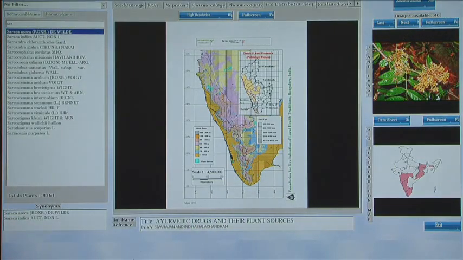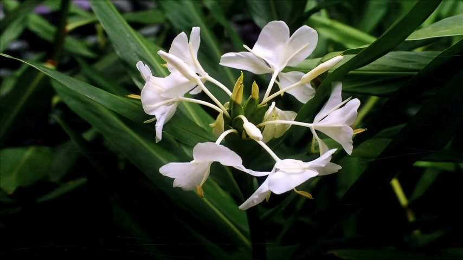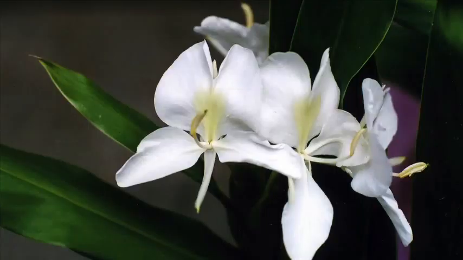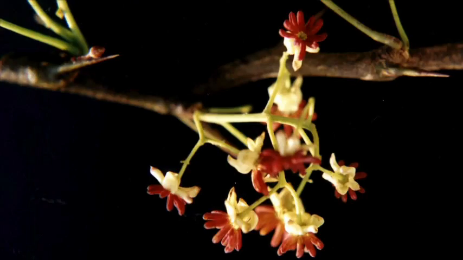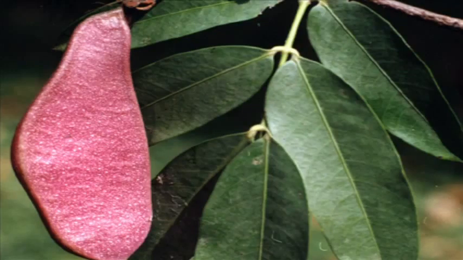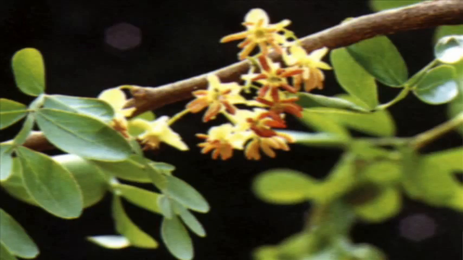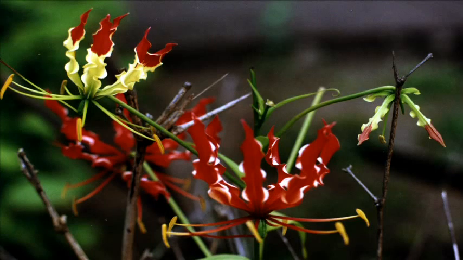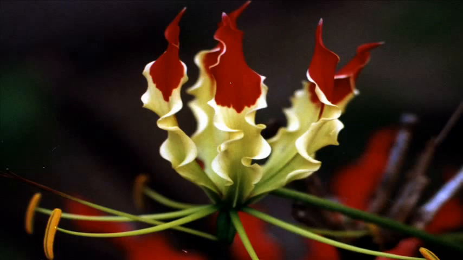The database also has more than 20,000 digital images of these plant species used in Indian systems of medicine. This has been built over more than 20 years, and it is still being built up and it's still growing.